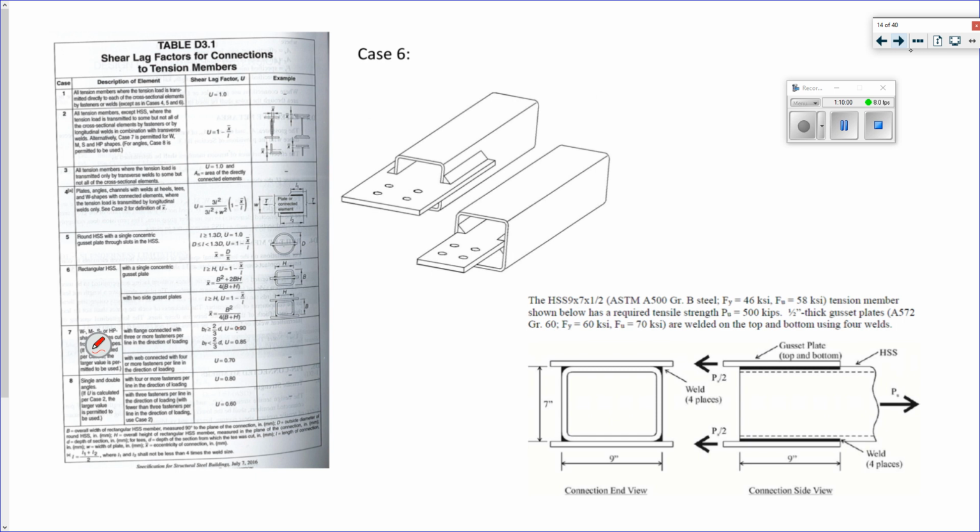So let's see, case 6. We're just going right down the list, right? Case 6 is the first one where we have a single concentric gusset plate. That's what this would look like.